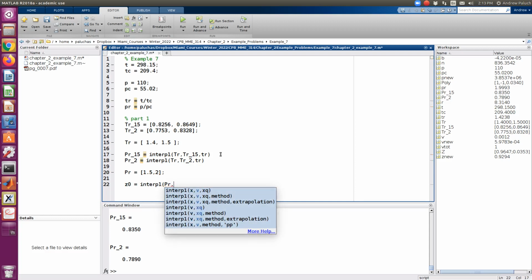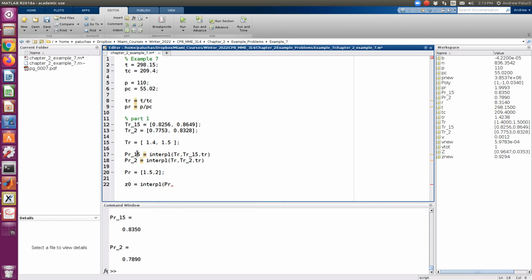The values of Z naught are these two values that I just computed, for reduced pressure of PR, the value I calculated above. So PR, my vector of reduced pressure, is 1.5 and 2 where I have reference data. Then these are my values of Z naught estimated at these two reduced pressures for my given reduced temperature.